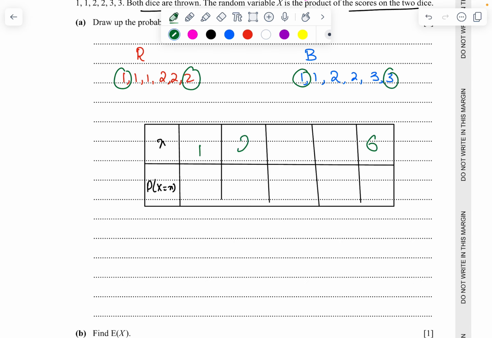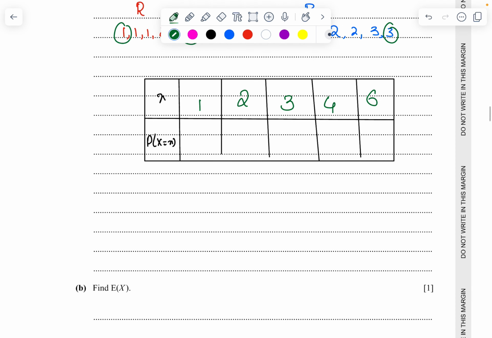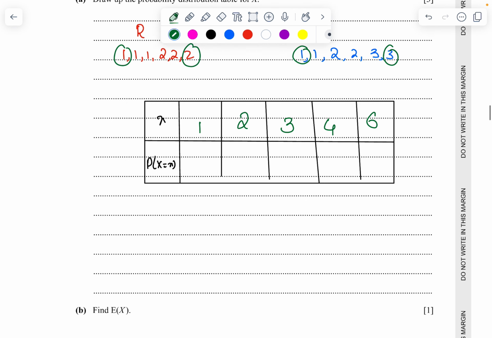So I can get 1, 2, 3, 4, 6. Probability of getting 1 is 3 over 6 times 2 over 6, which is 6 over 36.